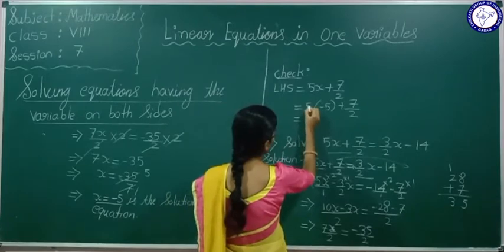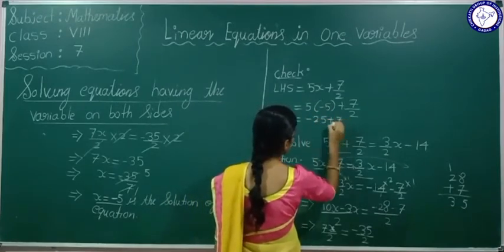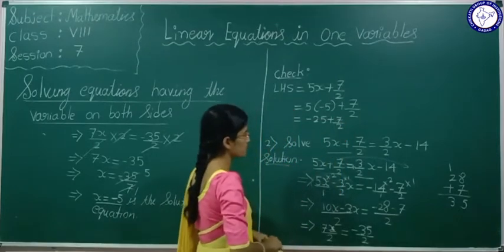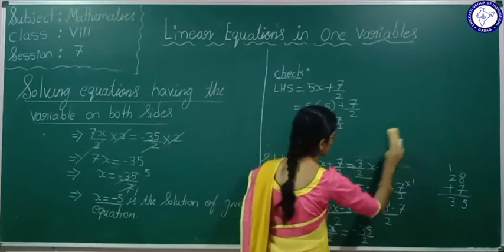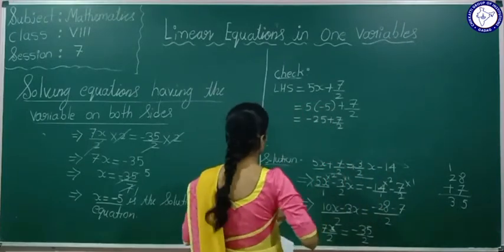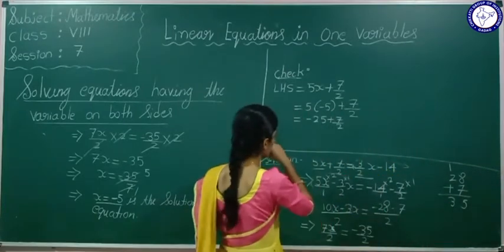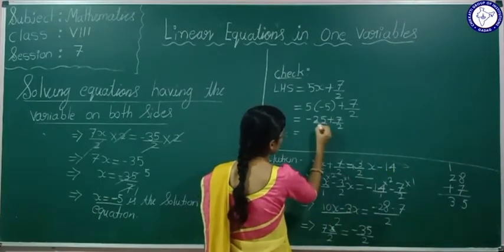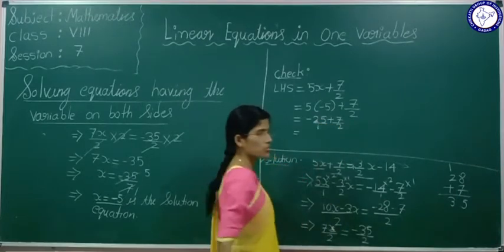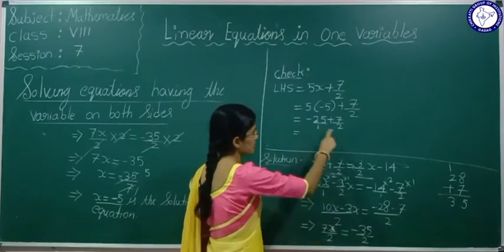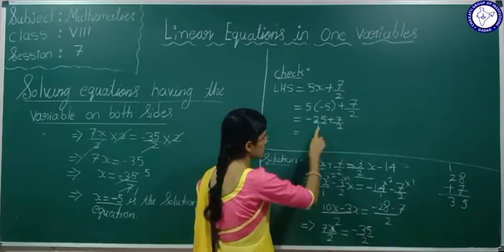5 5s are 25. It will be minus 25 plus 7 by 2. So what will it be? Here 1 and 2, the denominators are 1 and 2, right? We can't simplify this because the denominators are not the same. We have to make them the same. What is the LCM of 1 and 2?